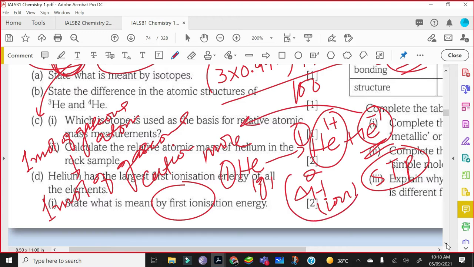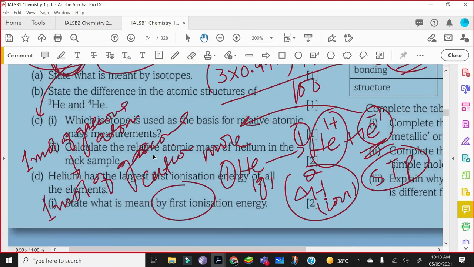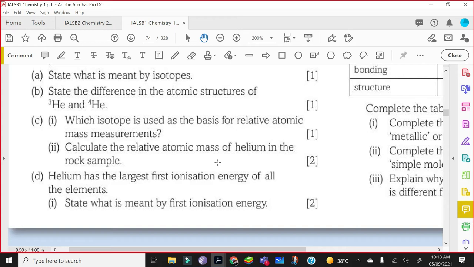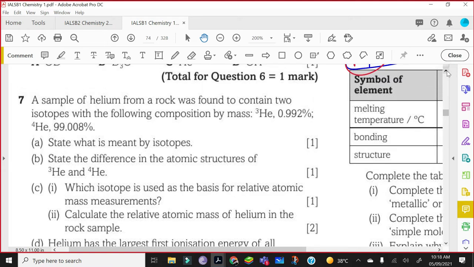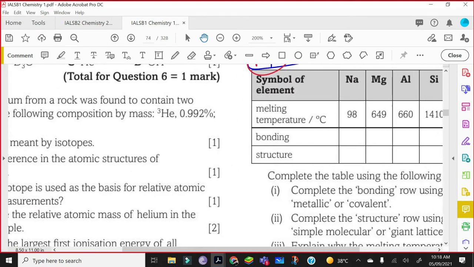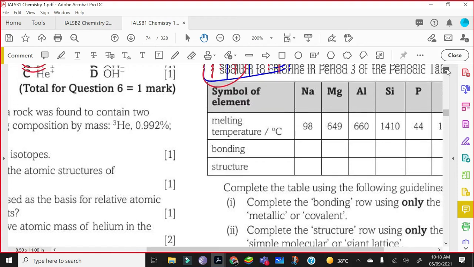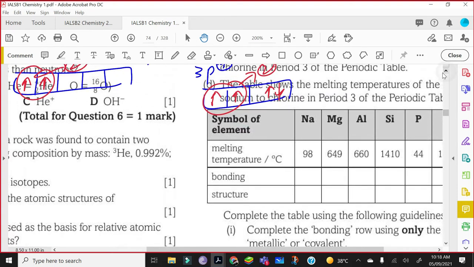This energy is called ionization enthalpy. I'm not saying that your definition is not good. Your definition is good, but always write a definition which should give you maximum marks.